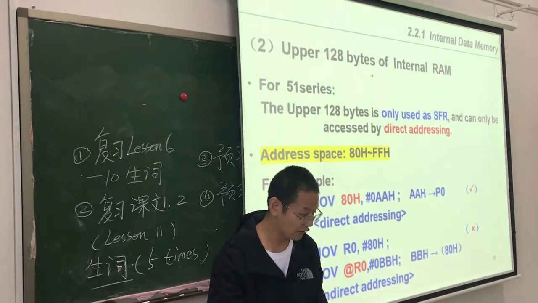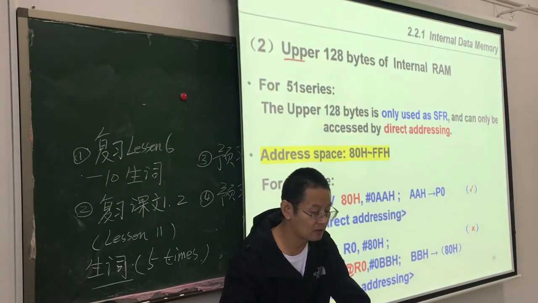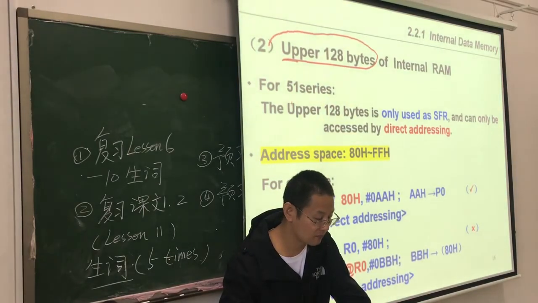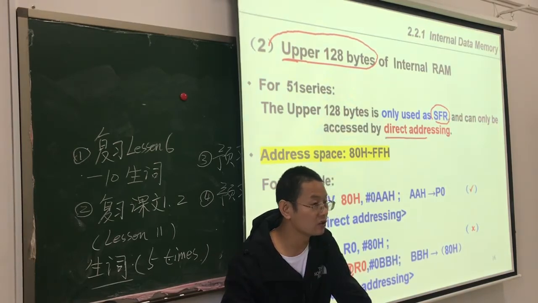Next, I introduce the upper 128 bytes. For the 51 series, the upper 128 bytes is only used as SFR, special function registers, and can only be accessed by direct addressing. The address space is from 80H to FFH.